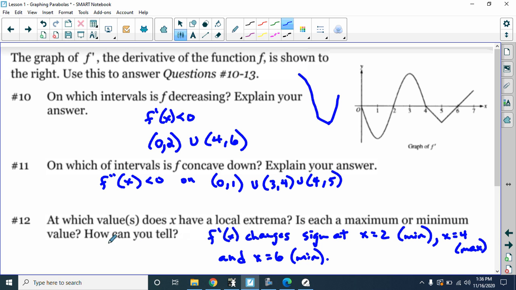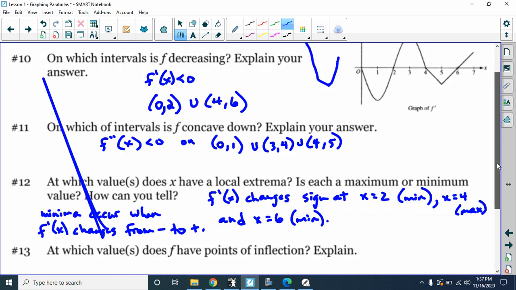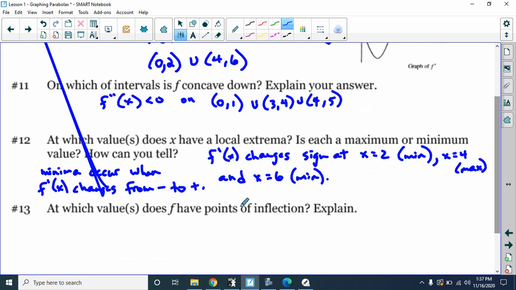For how you can tell, I would state that minima occur when f prime of x changes from negative to positive. And maximum values occur when the derivative changes from positive to negative.